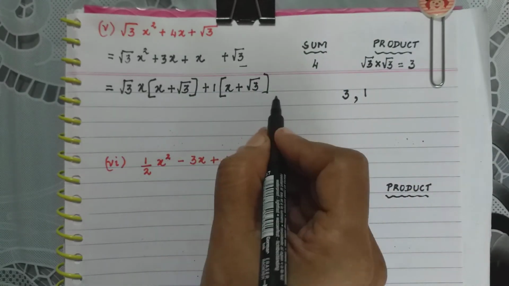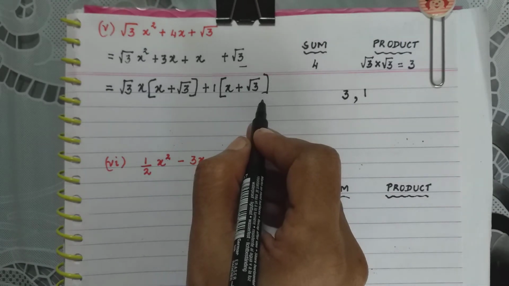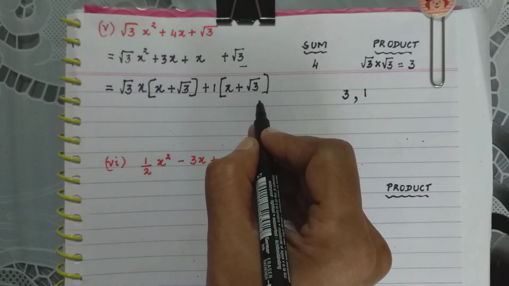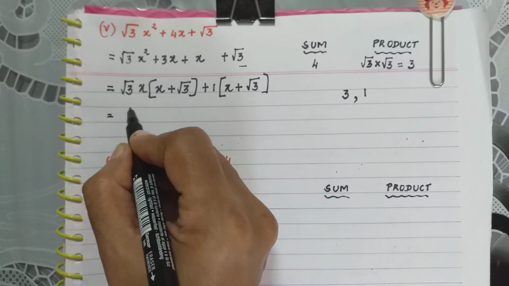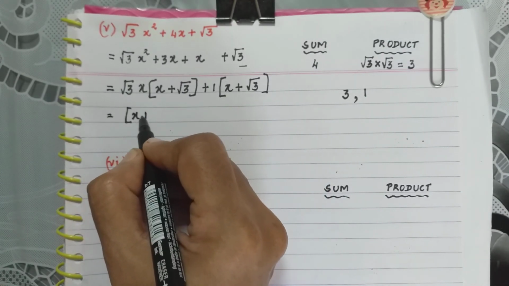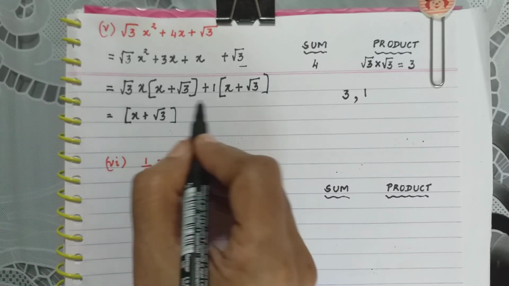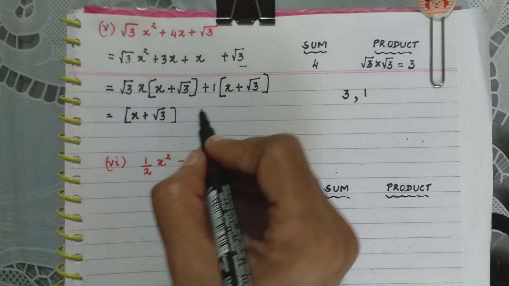Now do we see in these brackets the same terms are there, x plus √3 and x plus √3. That means in this one term and this one term, x plus √3 is common. So I take x plus √3 common out. What is left outside x plus √3 brackets? √3x plus 1.